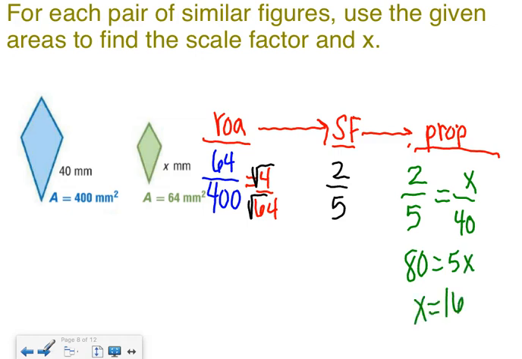Wait, wouldn't it be 64? Yeah, that's what I got. It should be the square root of 25.